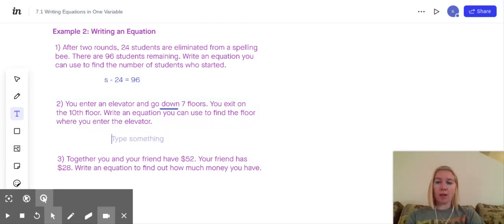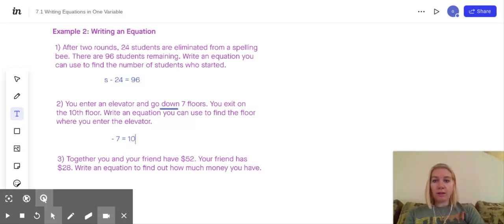Okay, so if we go down, does that mean we're going to be adding 7 floors or subtracting 7 floors? Well, down is a negative thing, so we're going to be subtracting 7 floors, and then you exit on the 10th floor. So after the 7 floors, you are on the 10th floor, so equals 10.